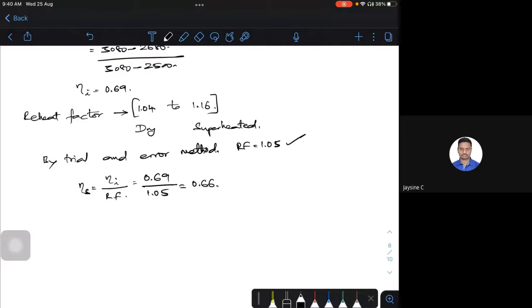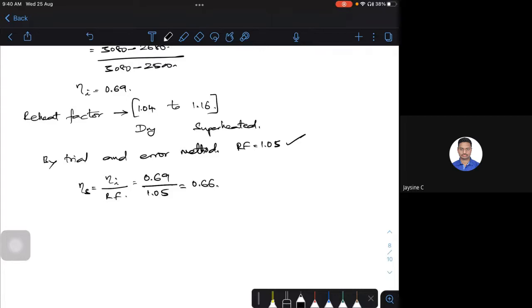See, if I take 1.05 multiplied by delta H isentropic, that shows the cumulative heat drop. This is roughly 580. So 580 is the isentropic heat drop I'm trying to use.